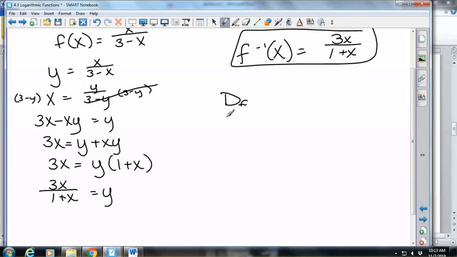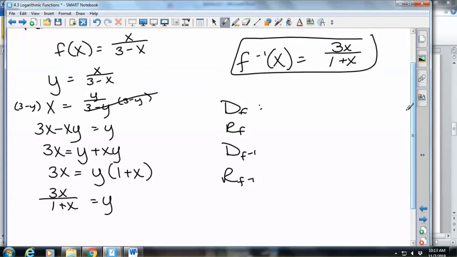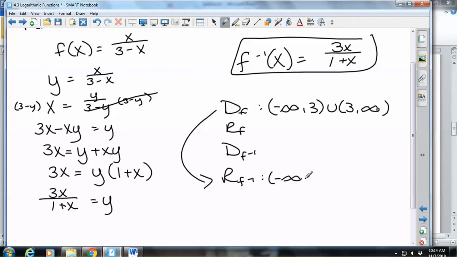What if I asked for domains and ranges of both? What's the domain of the original function? X can't be 3, so you would write negative infinity to 3 union 3 to infinity. And the domain of the function is always equal to the range of the inverse.